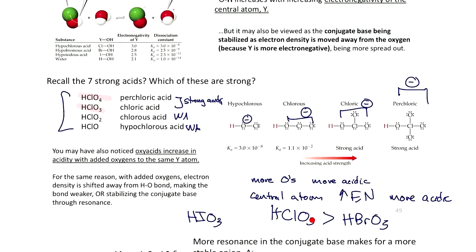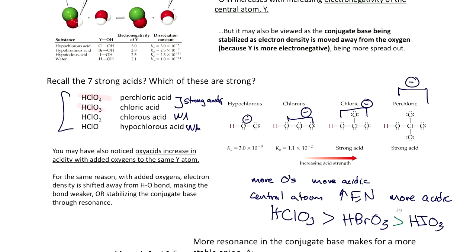It's going to be even less acidic because iodine is even less electronegative than those. So more electronegativity on your conjugate base lets you stabilize that negative charge, making a more acidic acid.